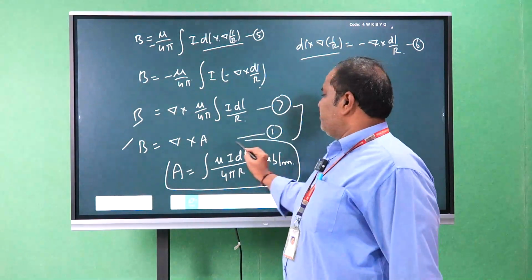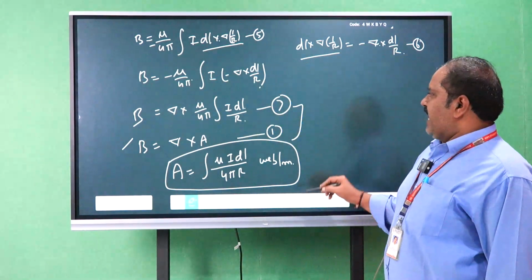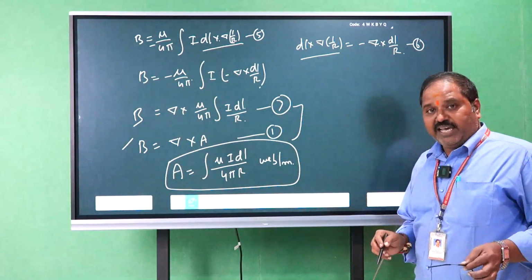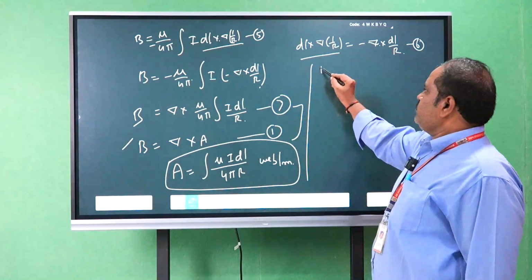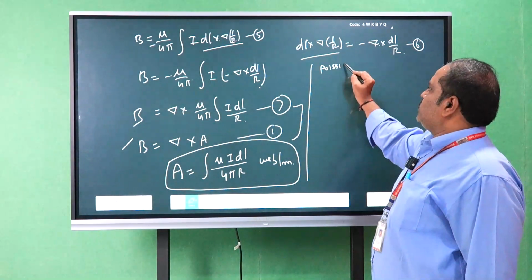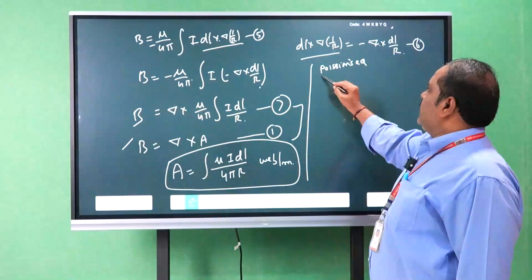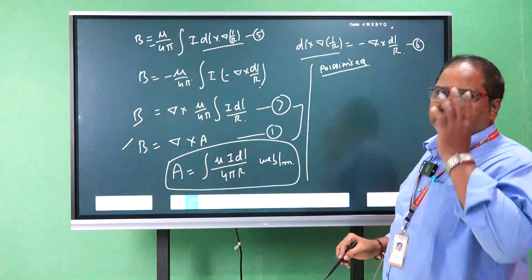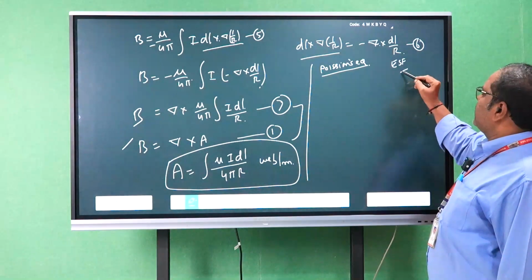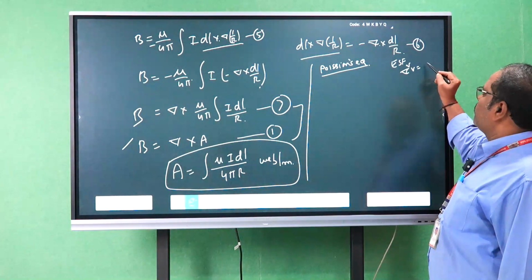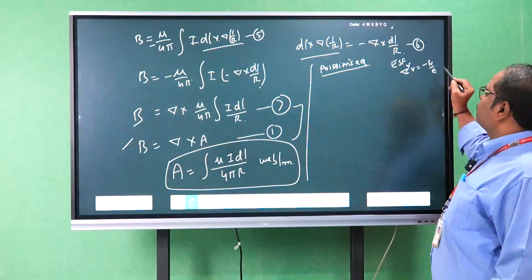Does the vector magnetic potential satisfy Poisson's equation? In an electrostatic field, the Poisson's equation is del square V equal to minus rho V by epsilon.